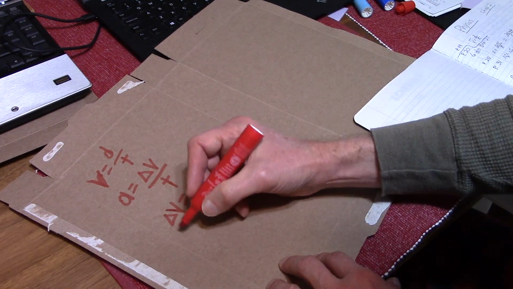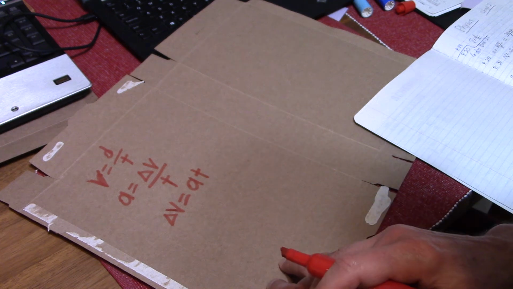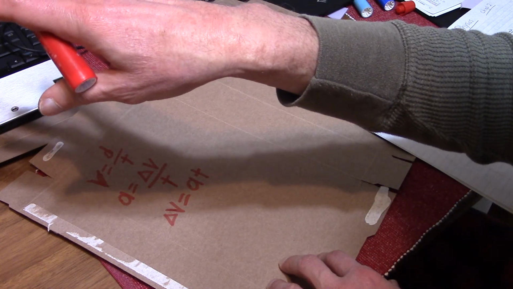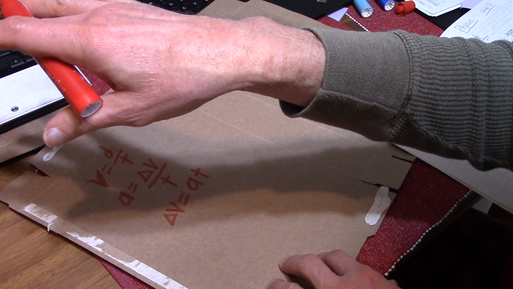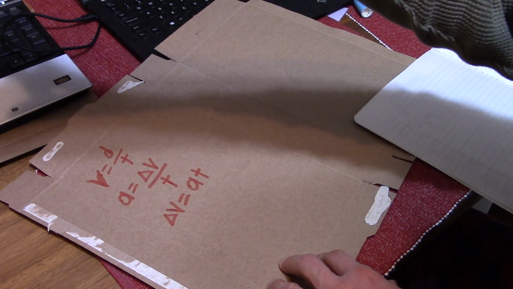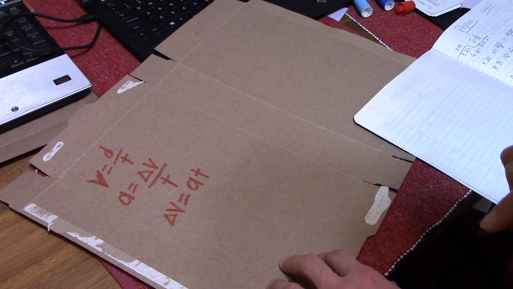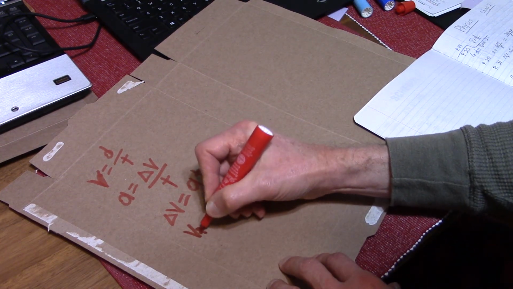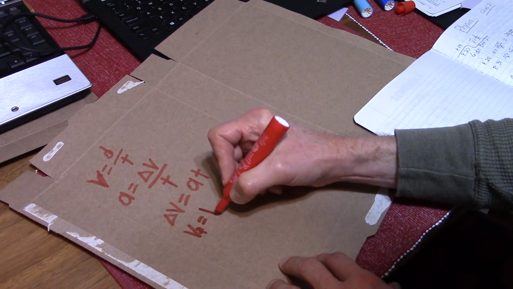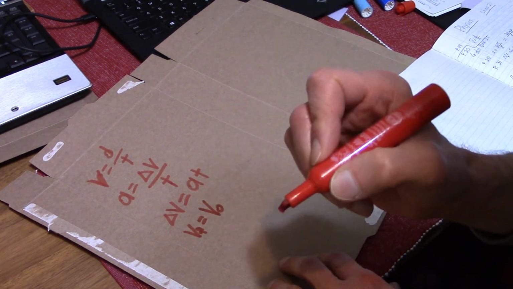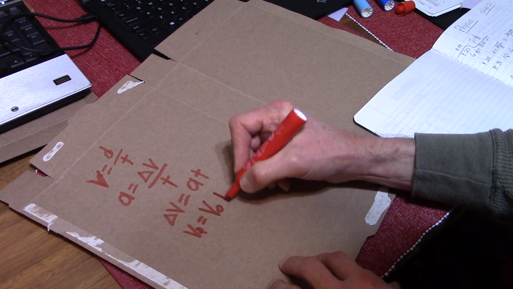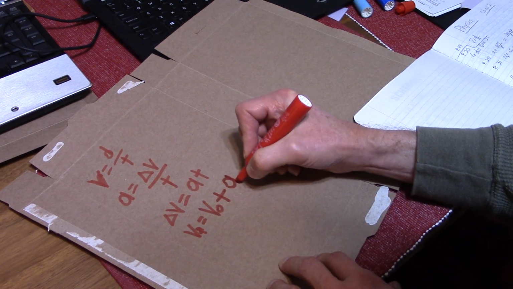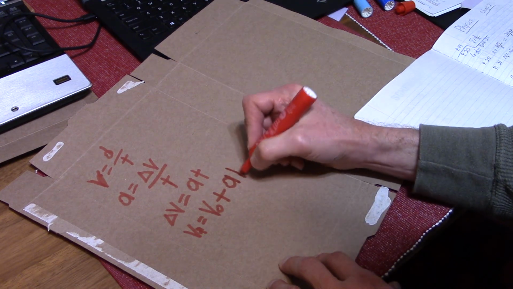So now, say you want to figure out the velocity, say a car is already moving, and then it accelerates a bit for a period of time, and then you want to figure out the final velocity from that. So your V final is going to be equal to your initial velocity, whatever that was, plus your acceleration times t.